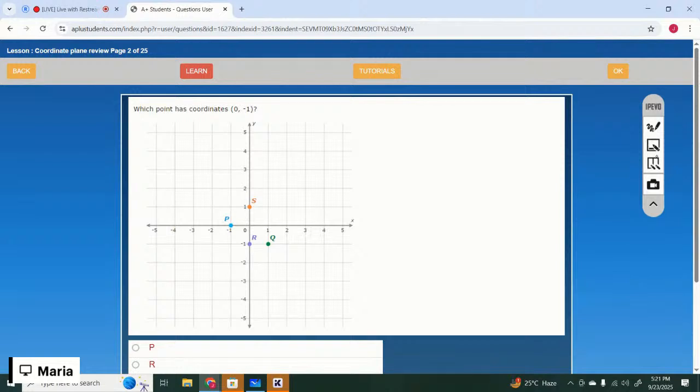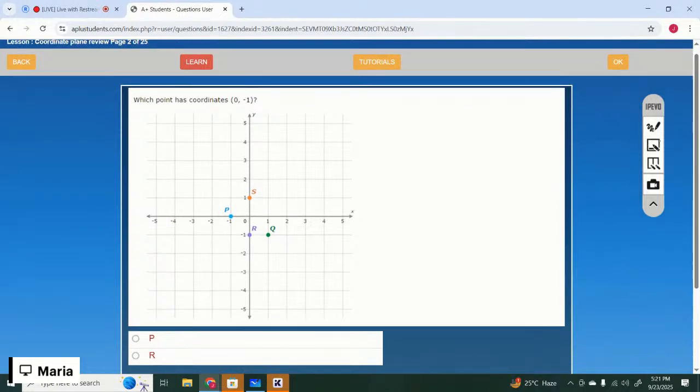Which point has the coordinate 0, -1? X is 0, y is -1. So R it is.